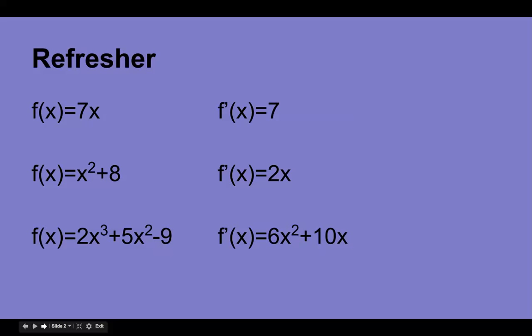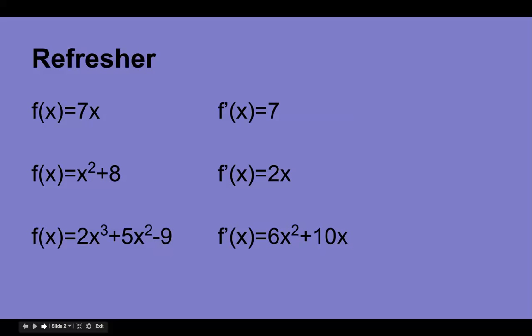For this final refresher problem, we have 2x cubed plus 5x squared minus 9. The 9 disappears just like the other numbers did, without any x or exponent.